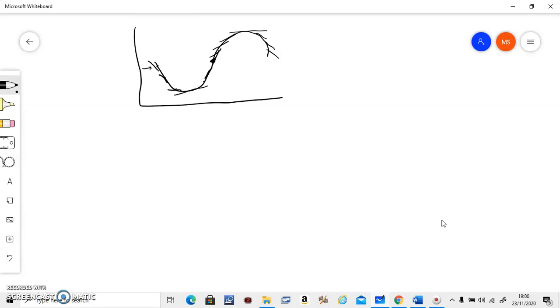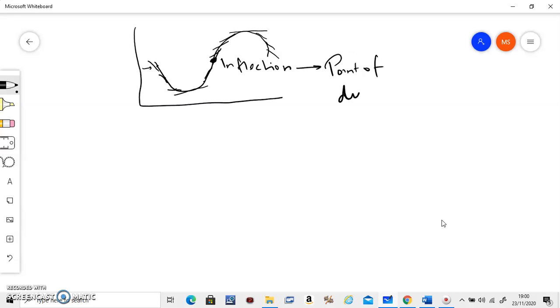So it starts getting closer to 0 and then it becomes negative. This point here is an inflection point. And when you're doing application, this inflection point is called the point of diminishing returns in economics.